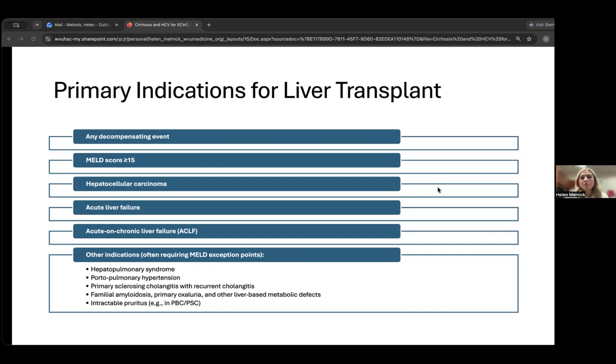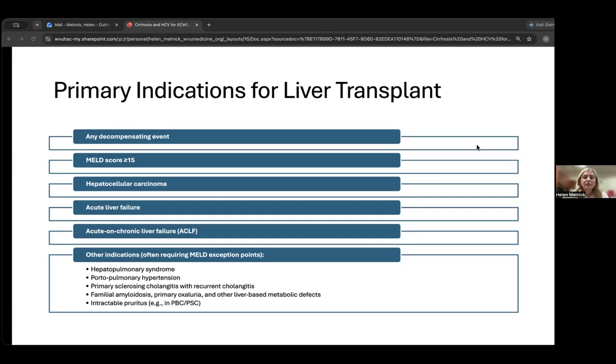Hepatocellular carcinoma, most centers use the Milan criteria. So they look at this as a single lesion that's less than 5 centimeters or up to 3 lesions less than 3 centimeters, and if there's no extrahepatic disease, they talk about their criteria for transplant. Acute liver failure is also an indication, and then acute on chronic liver failure.